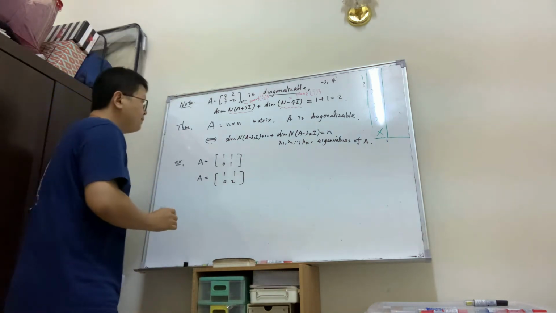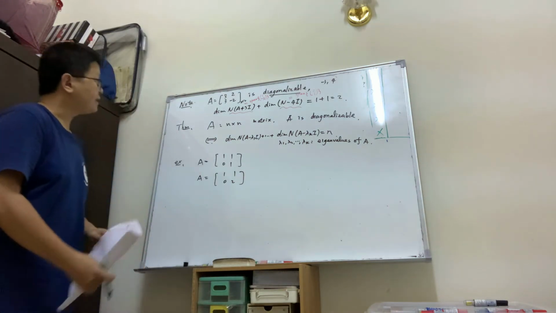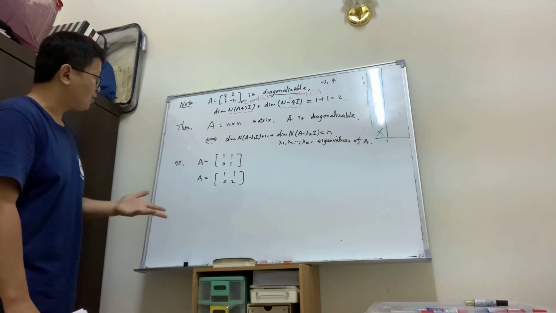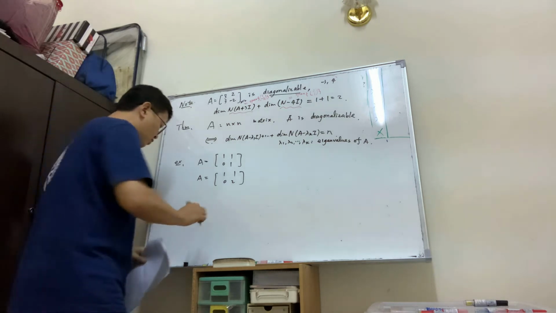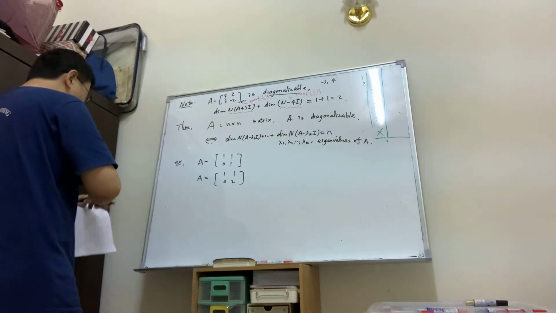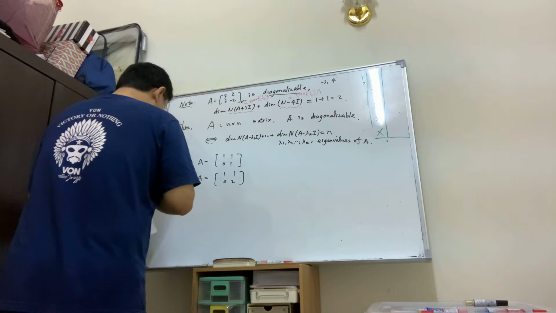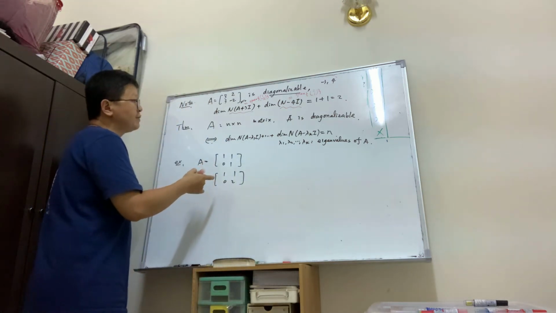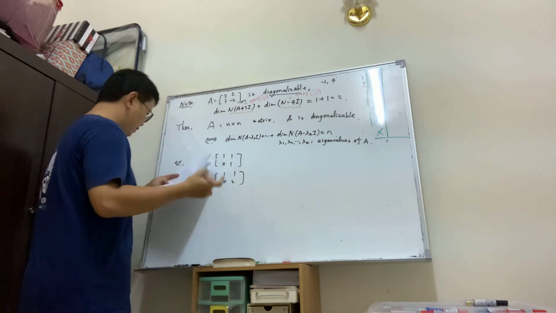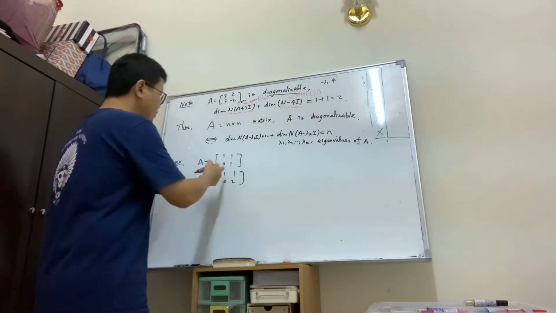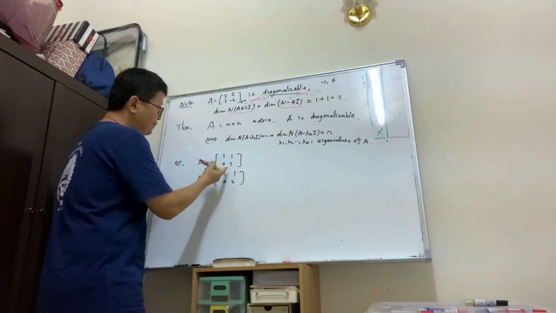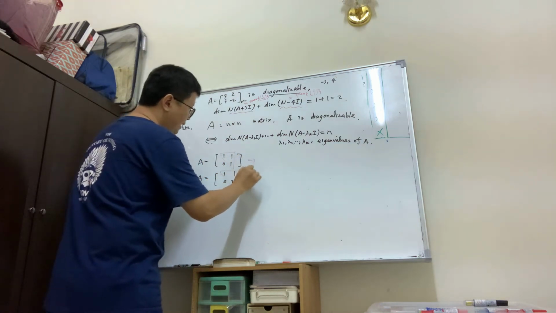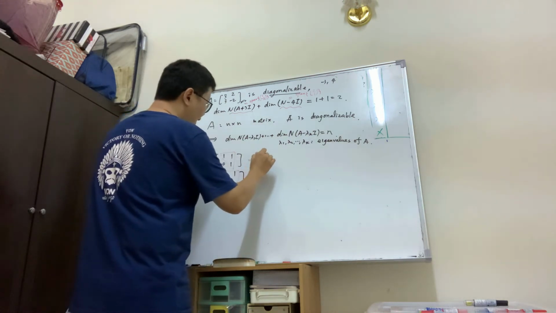So how do we know whether these matrices are diagonalizable or not? First of all, for this matrix, if you check its eigenvalues, as we said, if it's upper triangular, then the eigenvalues are read from the diagonal.